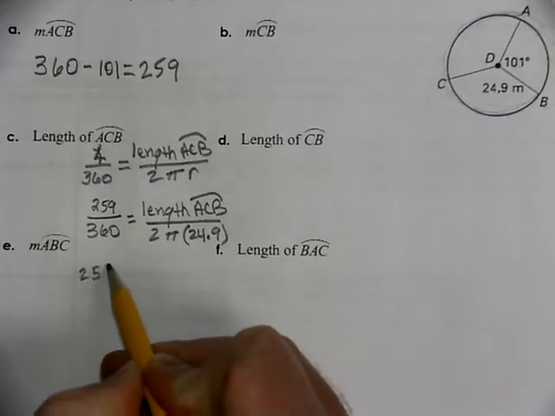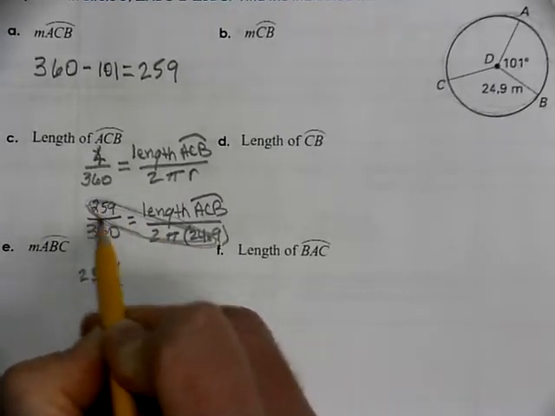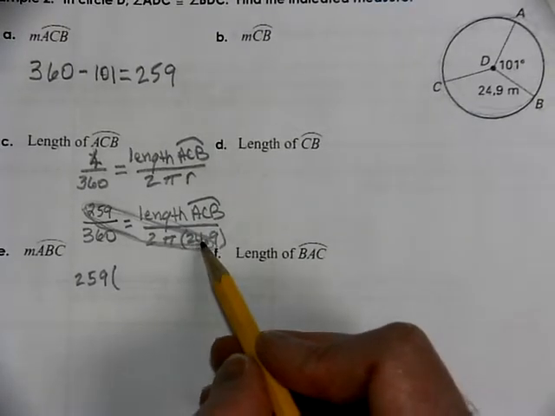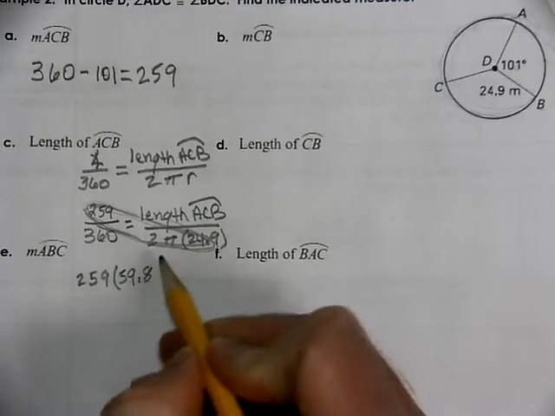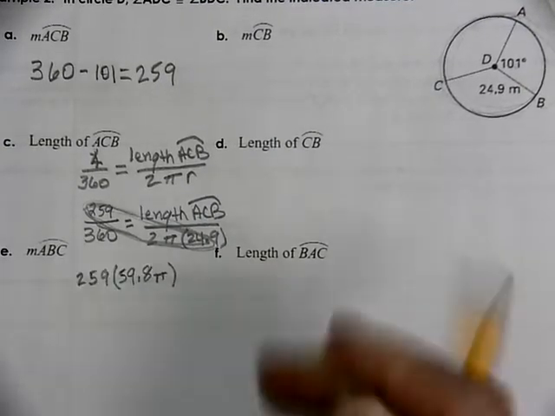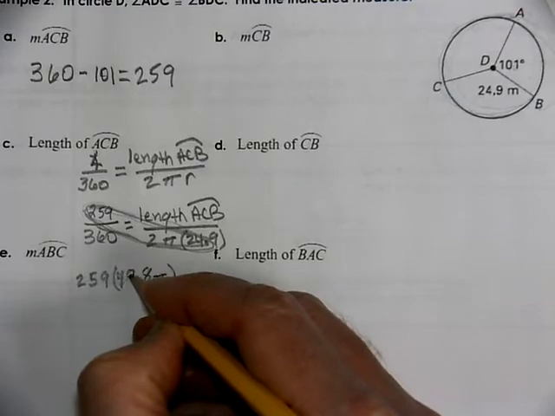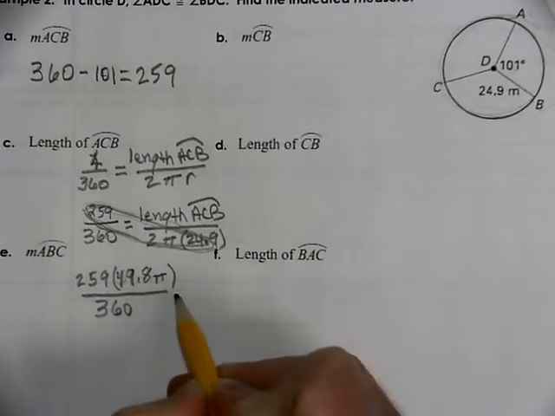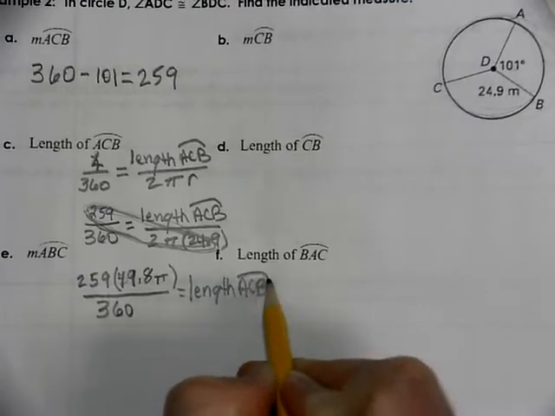Well, we have our 259 times that number. 24.9 times 2 is actually 49.8. 49.8 pi over 360. That is going to be the length of our ACB.